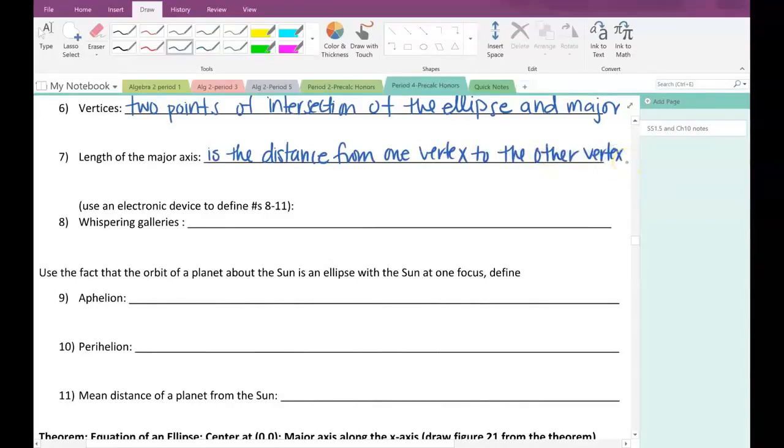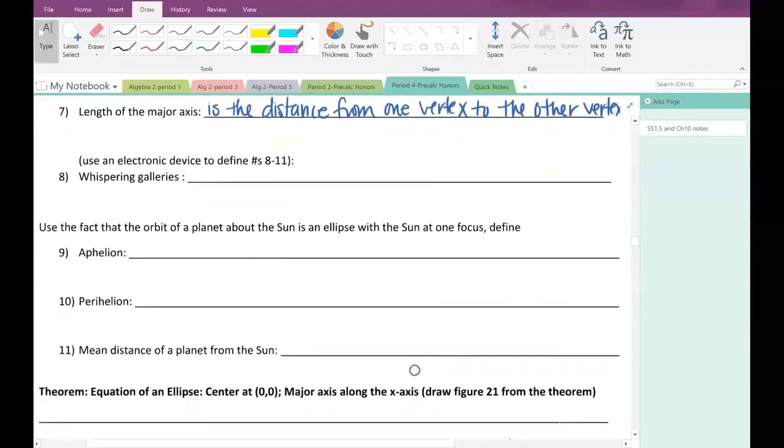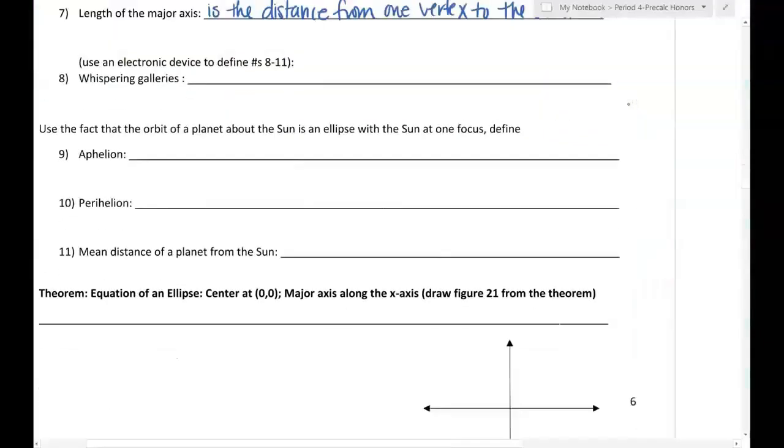Now, normally I would ask you to use your electronic device to define the whispering galleries, but I'm just going to give it to you in this set of notes.